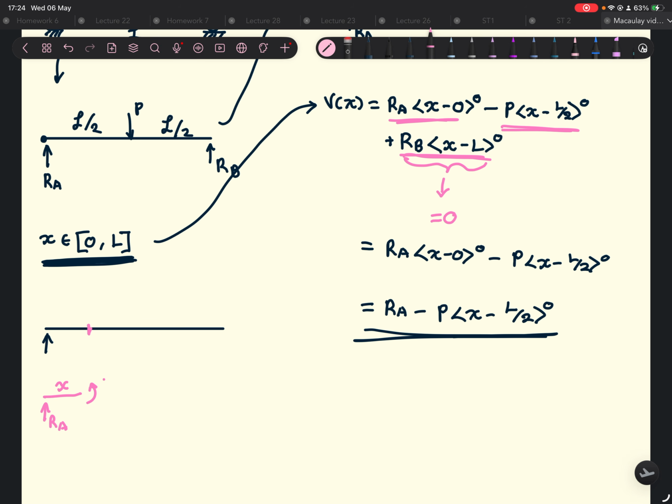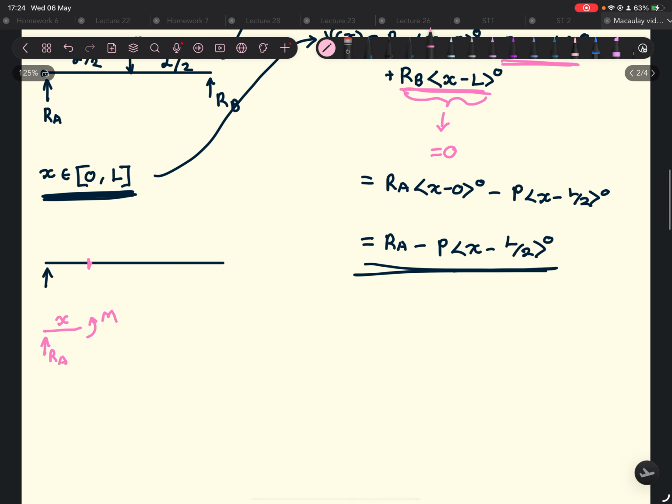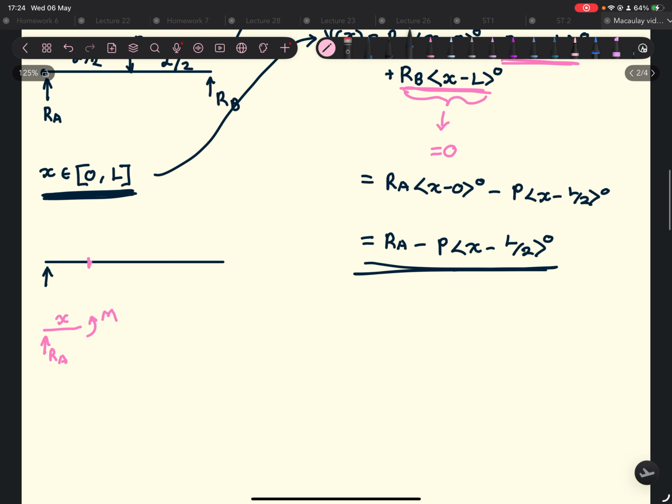I think it's like that, right? So this is your internal moment. We've sectioned the beam at some distance X, and now we're looking at the moment caused by RA, right? Cool. So RA is going to cause a negative moment according to our convention, but then this is counteracting it, so it's positive. Never mind that.